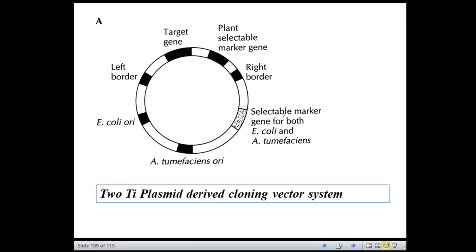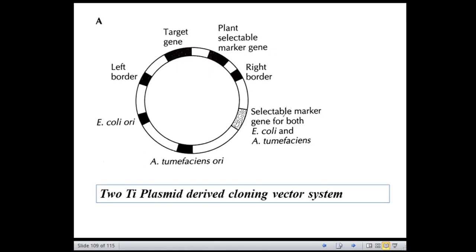These then mobilize the T-DNA region of the binary cloning vector plasmid. So by providing the proteins encoded by the virulence genes, the defective Ti plasmid is acting as a helper plasmid. So what is the defective plasmid doing here?